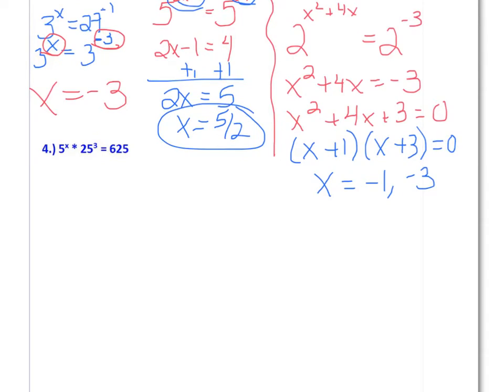Okay, last but not least, on this page, write down number 4. We can actually do number 4 two ways. Because we have a product on the left, we can divide both sides by the 25 to the third.